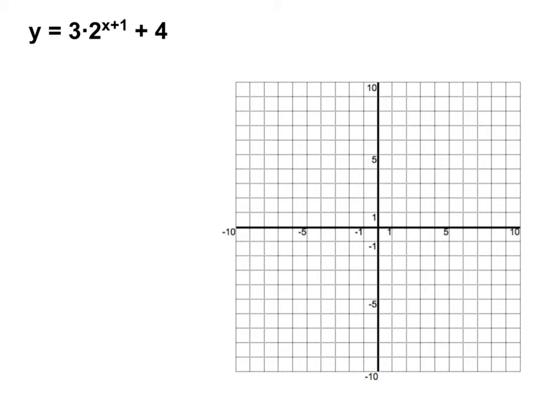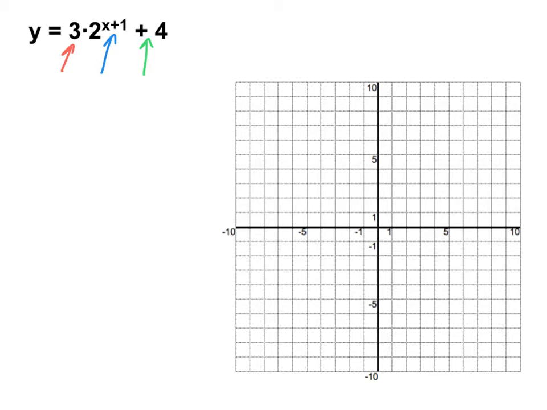The 3 here is a vertical stretch by a factor of 3. The plus 1 is going to be shifting the entire graph left 1, because notice it is up with the x, and anytime it's with the x, it moves it in the x direction, and plus goes left. And then finally, the plus 4 is going to move the entire graph up 4.